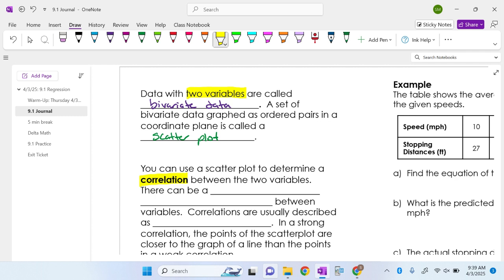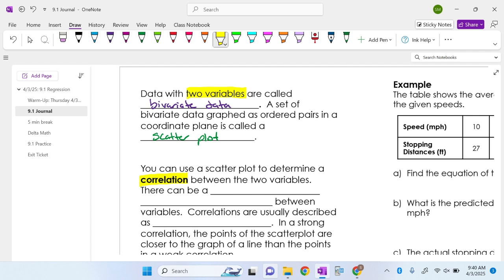They don't necessarily have a direct relationship, but they could have a correlation or a more vague relationship. A direct relationship would be we can draw a line straight through the points on the scatter plot and it would look like a linear function. A correlation means that it's really close to our line of best fit.